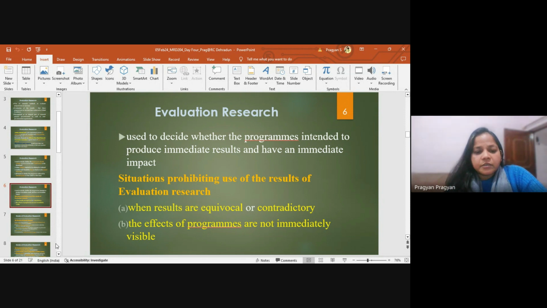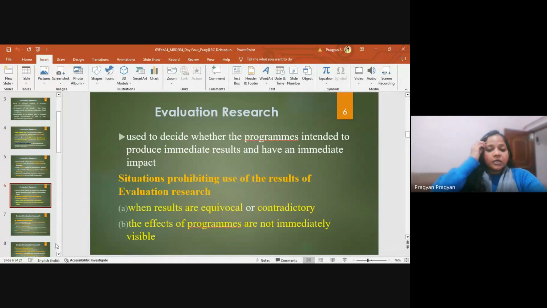When results are equivocal, that means when I am conducting a particular research related to a development program in a particular setting, and that is saying that this development program is working very well, while in the other area, in the other village, in the other community, another study is saying the performance of this particular development agency is not going to be very profitable, particularly for the women.